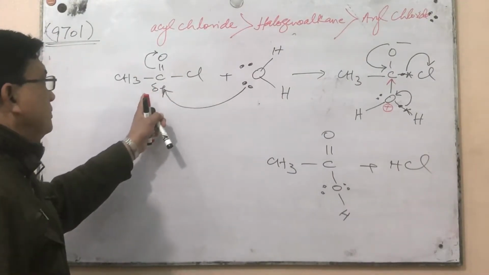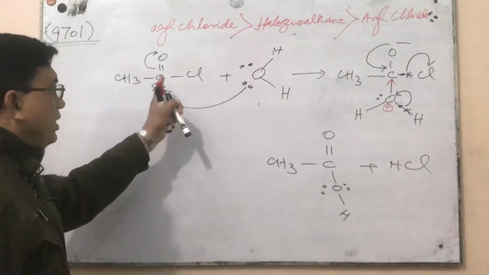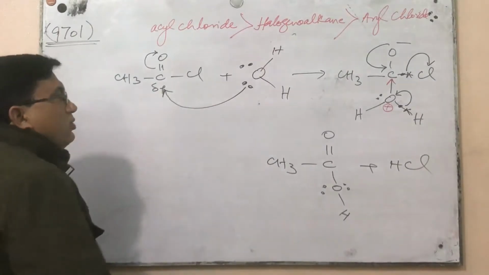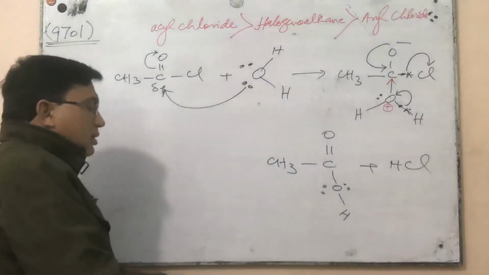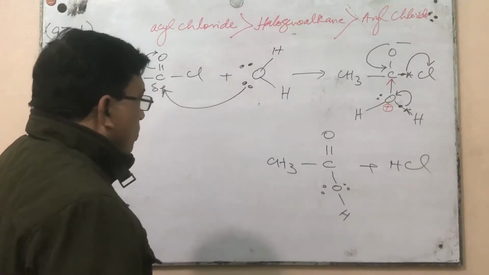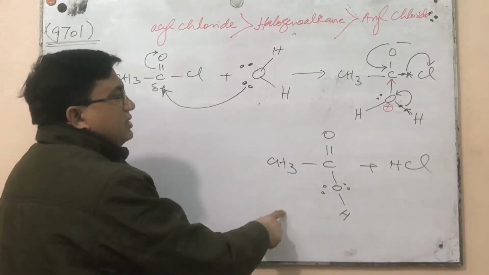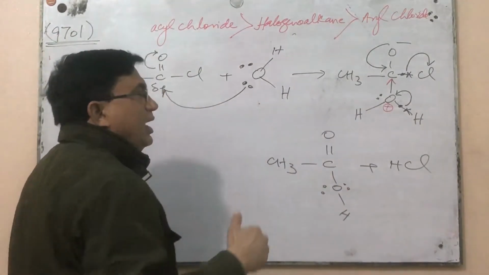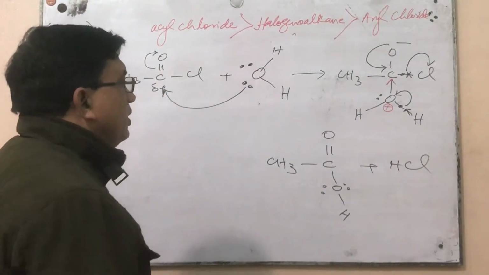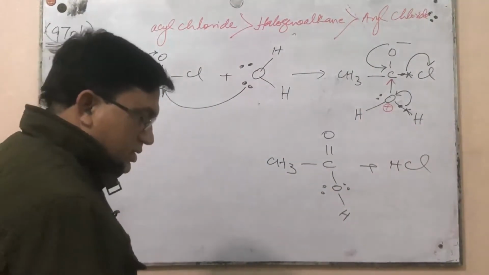That indicates that this ethanoyl chloride is much more reactive, that it can react with water, but acyl chloride cannot react with water. This type of reaction is called addition and elimination reaction during the hydrolysis process.